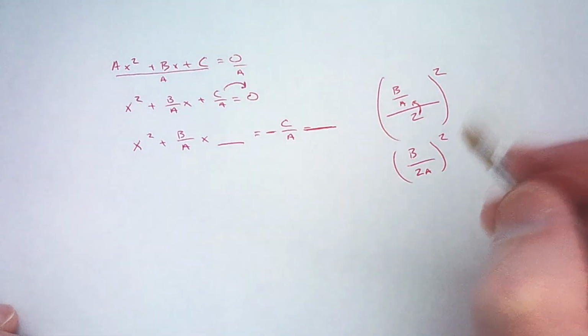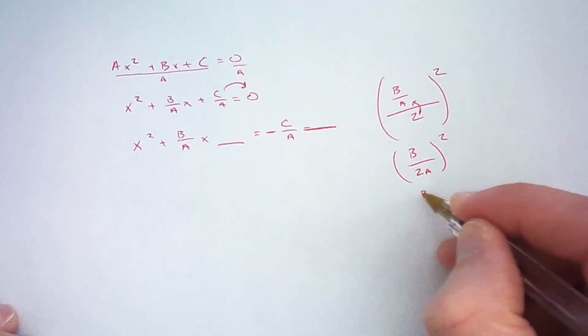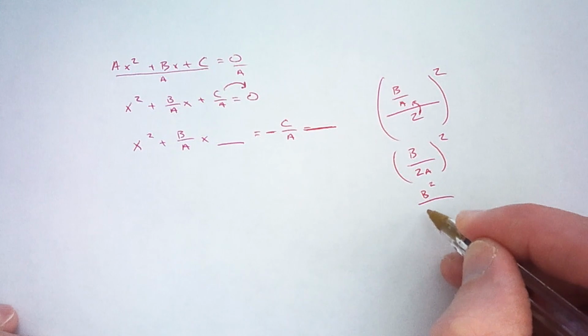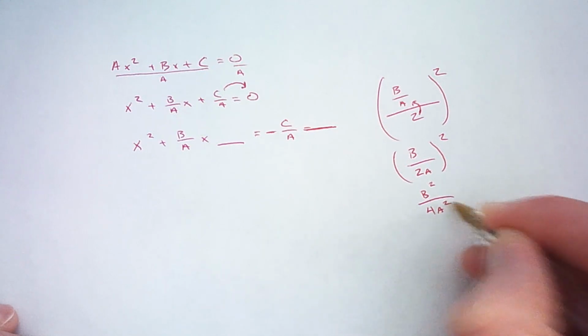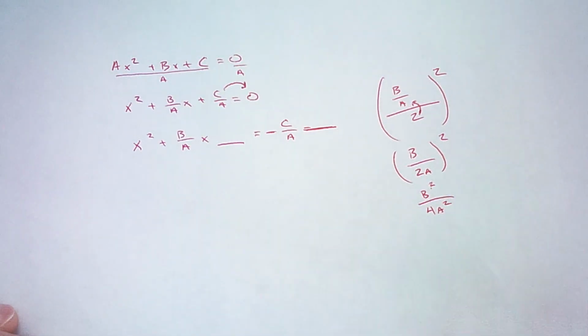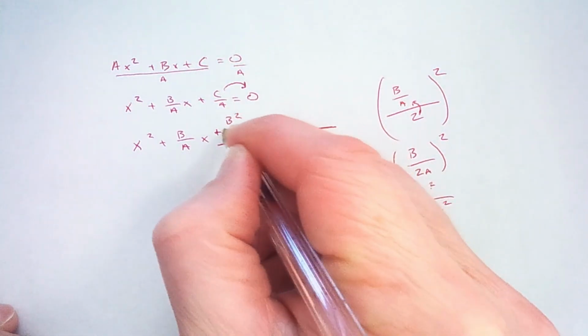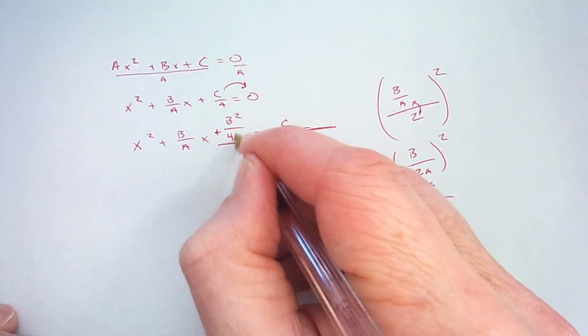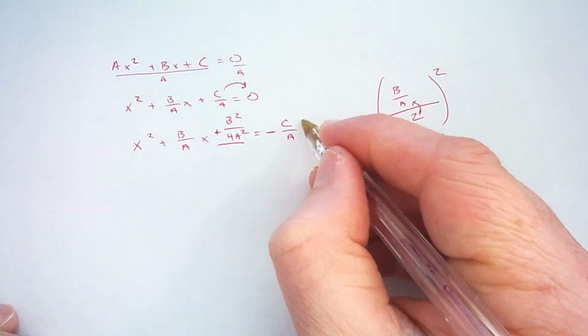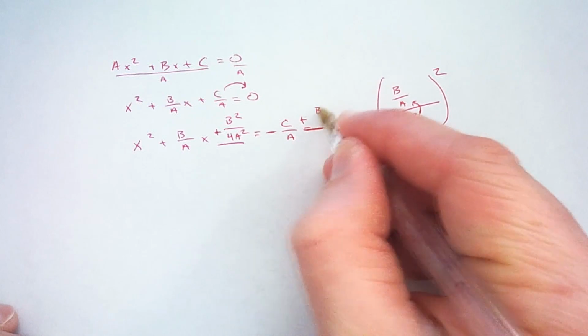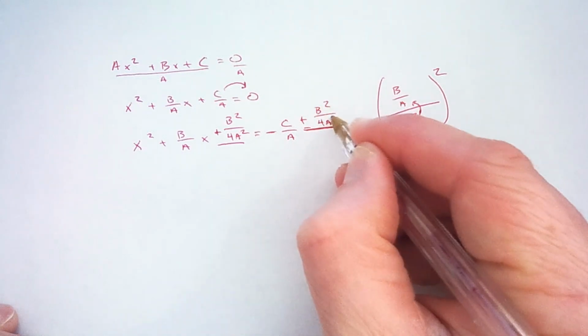Okay, and b over 2a squared is b squared over 4a squared. So we square the numerator and we square the denominator. So c is plus b squared over 4a squared. And we put that on both sides, plus b squared over 4a squared.